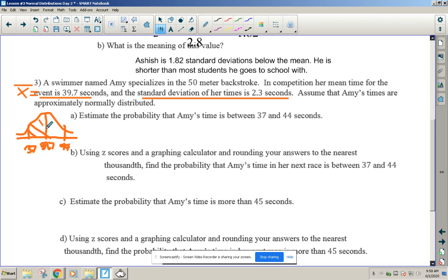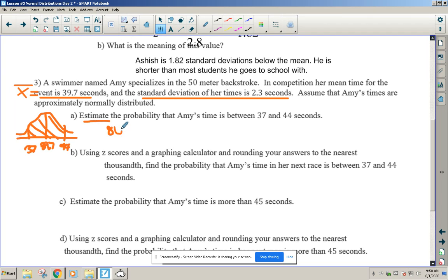So if we're looking at this, we're estimating that we're probably around, I don't know, 70, 80%. It looks like a lot. So since it looks like most of the graph, say maybe 80%.